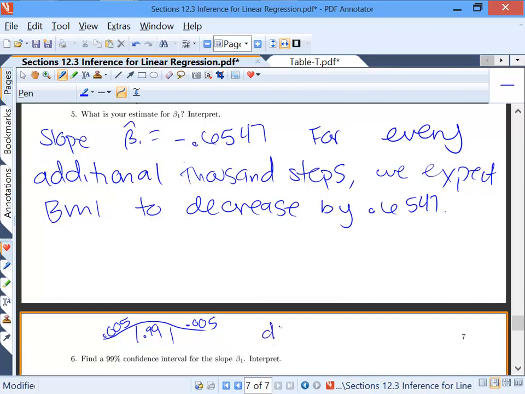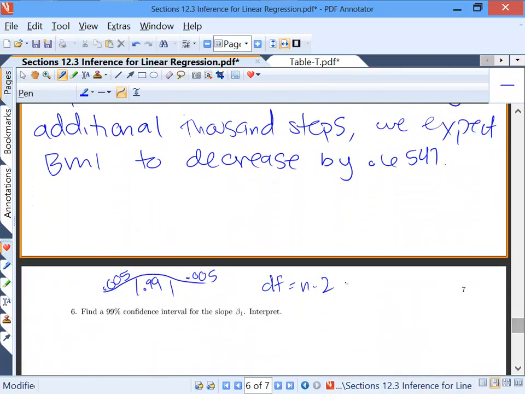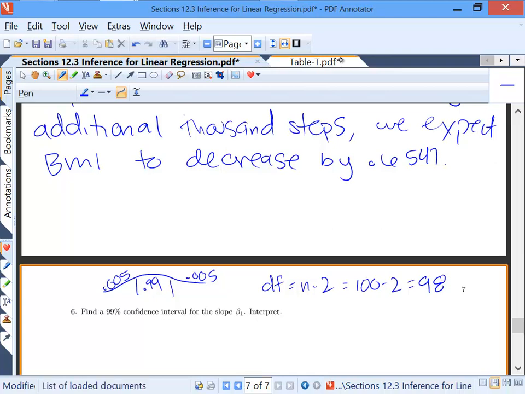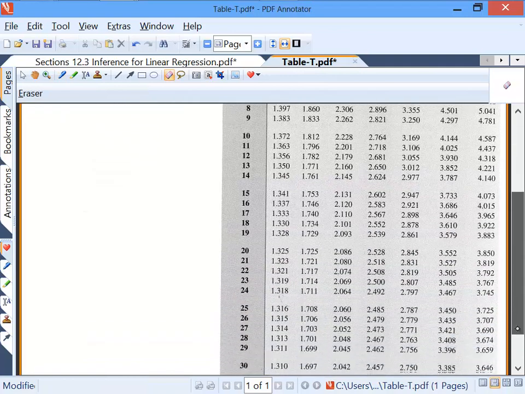We also need degrees of freedom, n minus 2. So let's go back up and look at what n is. N is 100. We looked at 100 people. So this is 100 minus 2, which is 98. What are we going to have to round to use our t-table with 98 degrees of freedom? We're going to run all the way down to 60.